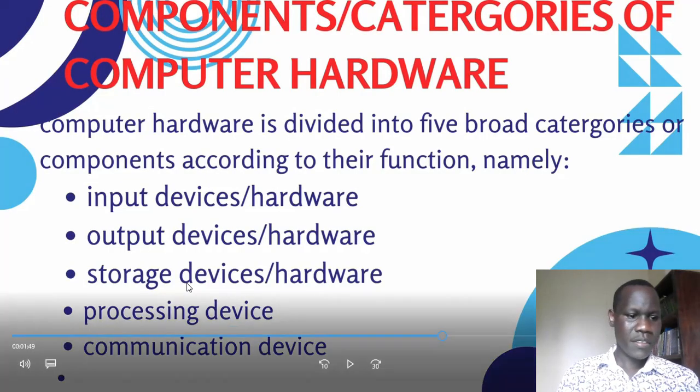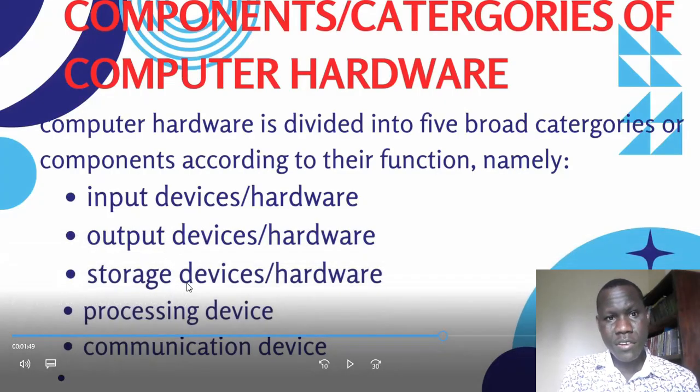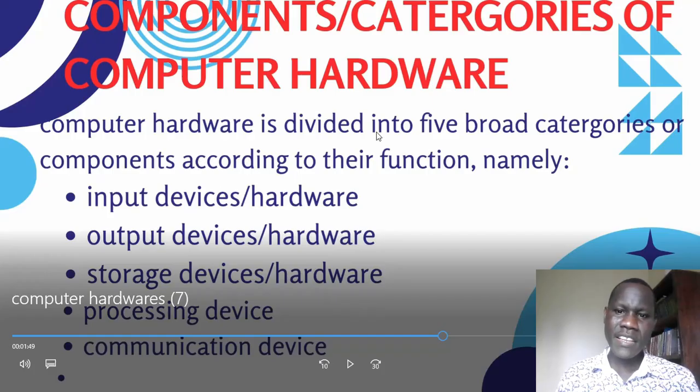So without wasting time, let us look at what we call the components or categories of computer hardware. Computer hardware is divided into 5 broad categories or components according to their functions.